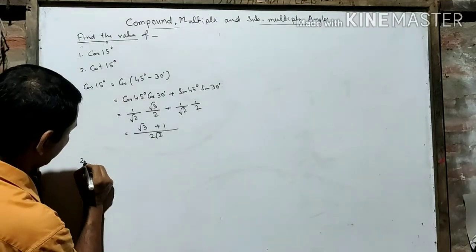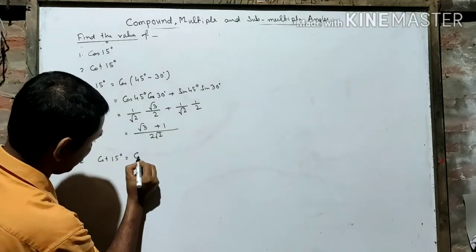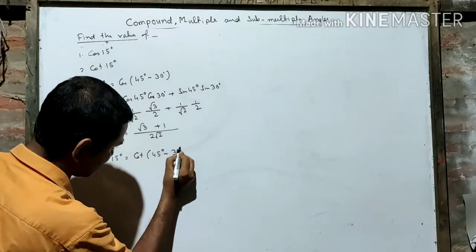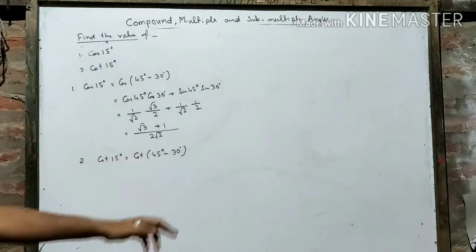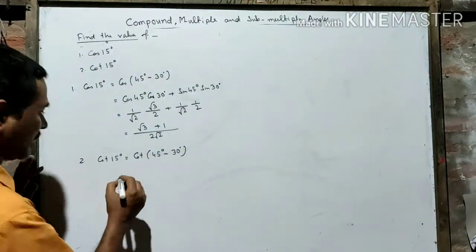Next, number 2, cot 15 degree. So 15 degree can be written as 45 degree minus 30 degree. This is of the form cot A minus B. Now here we apply the formula for cot A minus B. What is cot A minus B?